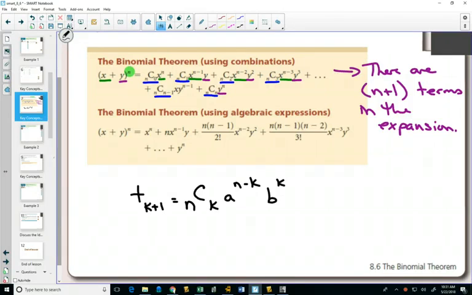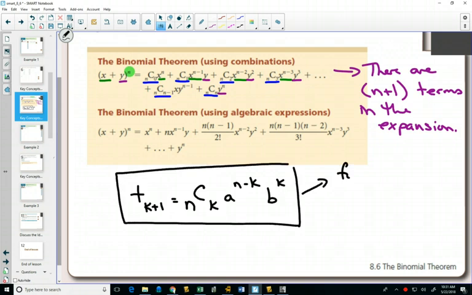This formula here, which I'll put in the box, is for a plus b to the exponent of n, and what it finds is a specific term.